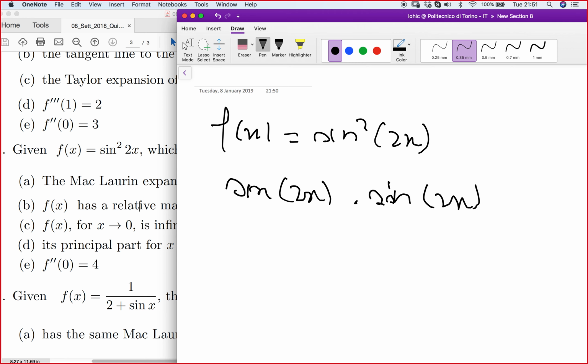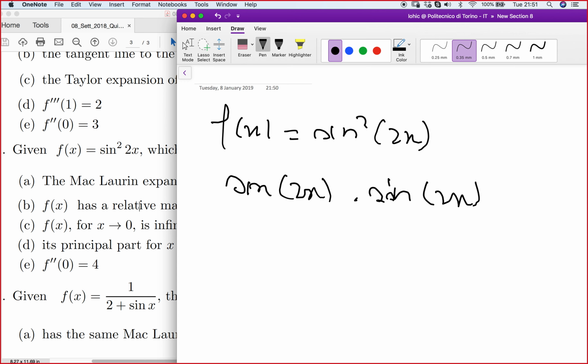Because it is sine squared. But as we know, sine of 2x is the sine of a quantity. If the quantity tends to 0, we can apply the trick. In fact, the quantity here is 2x, and x is tending to 0 because we are doing the Maclaurin expansion.